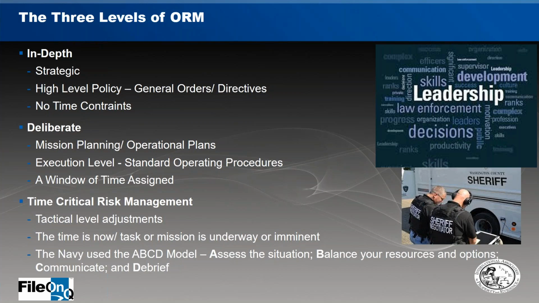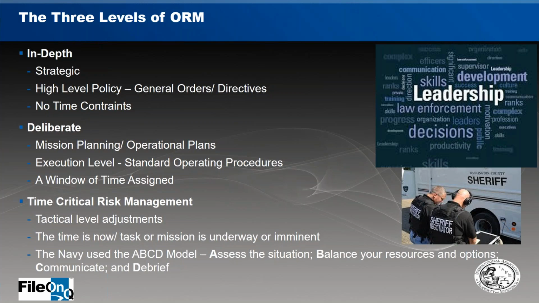The how we do our operations from day to day, we use deliberate planning to make sure we're putting things in the right order and the processes are correct, that we are keeping safety and case integrity in all of the things that we do. So there is a window of time usually assigned to that. And when you get a task, you're going to change something, you want to get it out because a change is obviously needed and you don't want to sit back on it. So we do that at the deliberate level, and we still go through similar processes.